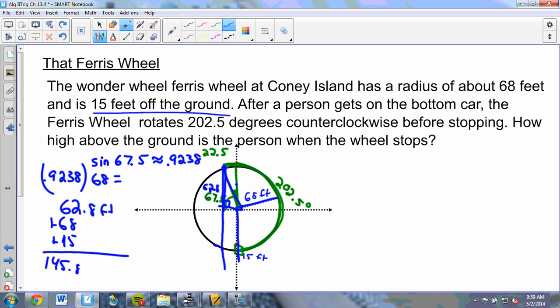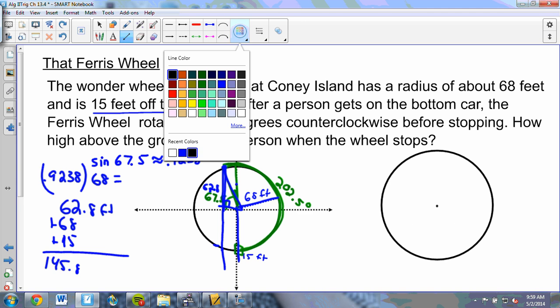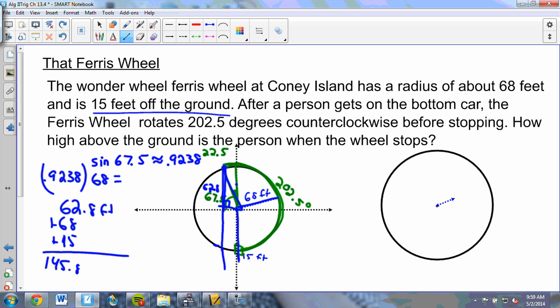Well, because if you think about the radius, I'm going to draw another circle to try and explain this. If this radius is like 10 feet, we'll keep it simple, we'll call it 10. If this radius here is 10 feet, right now, it's 10 feet high. It's going straight up.